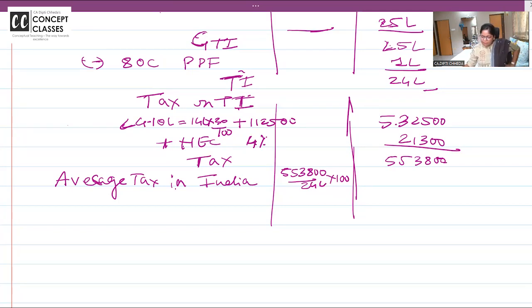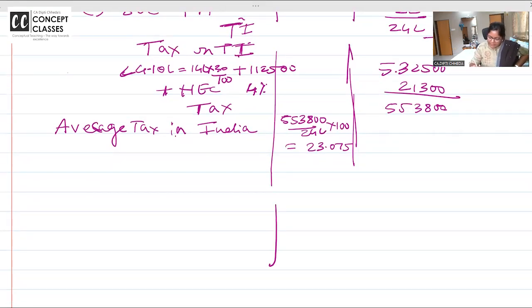How much is it coming to? 5,53,800 divided by 24 lakhs into 100. How much are you all getting? Can you get the answer faster than me? 23.075 is the average tax in India.